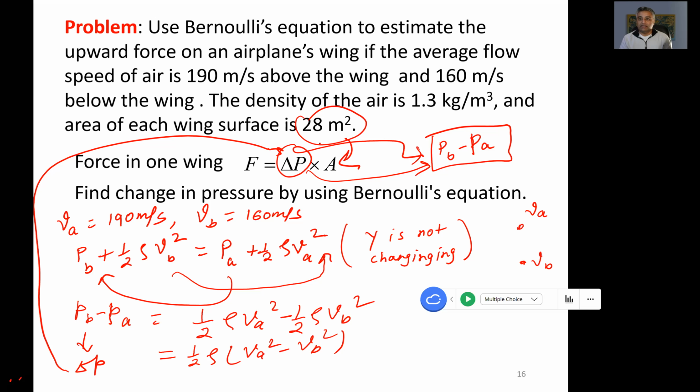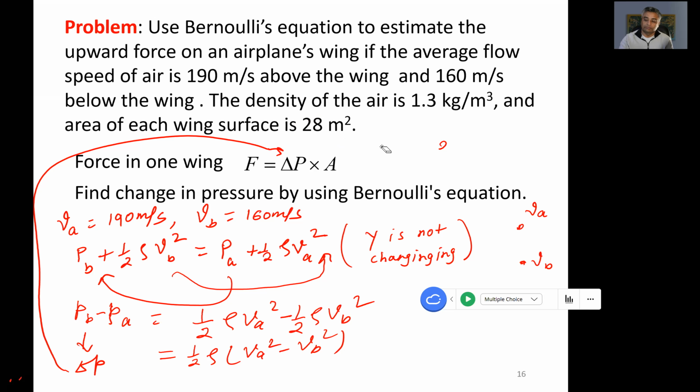Force is pressure times area. Pressure is force over area. This is the definition of pressure, right? So I'm writing that from that, okay?